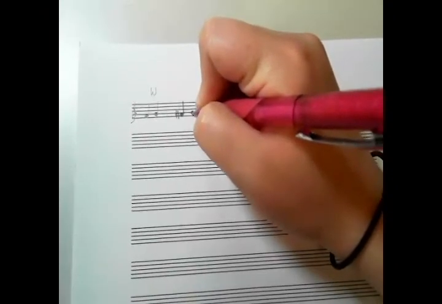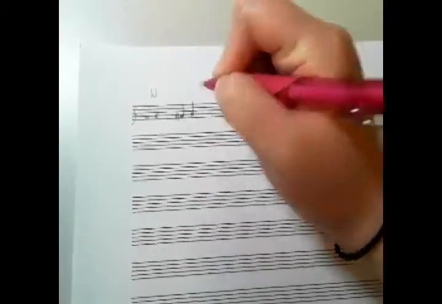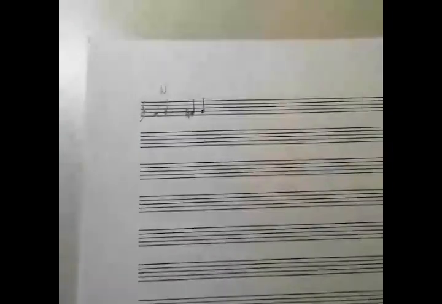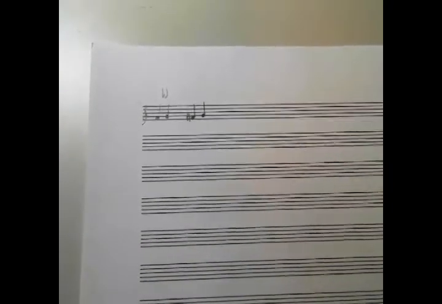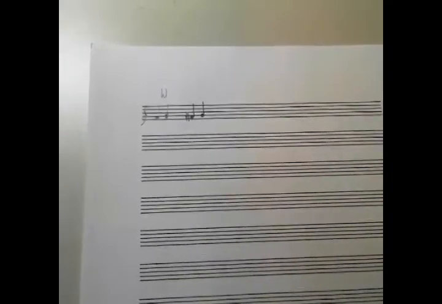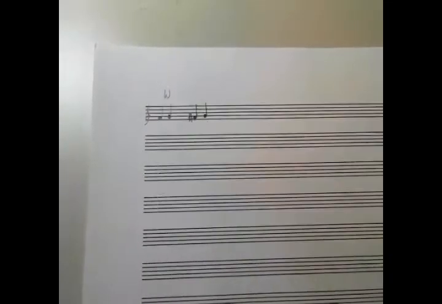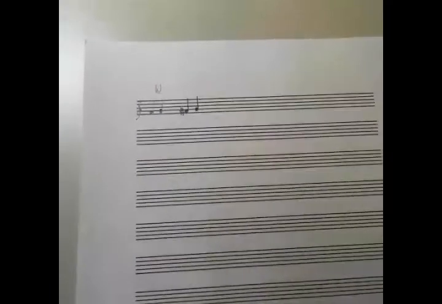A sharp looks like a pound sign or a hashtag. Notice how I drew the sharp, that the middle part of the sharp is exactly on that space and right in front of the note.